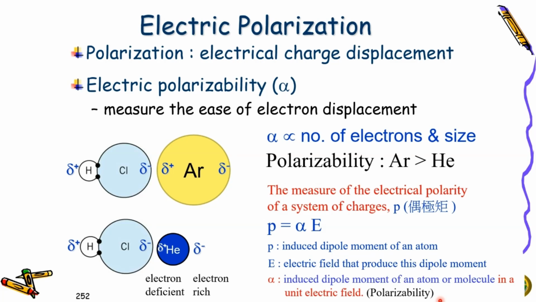So you can measure the electrical polarity of the system using this equation. But the important thing on this page, what I want you to know, is what the polarizability is.